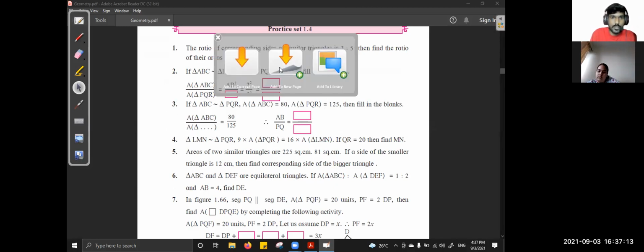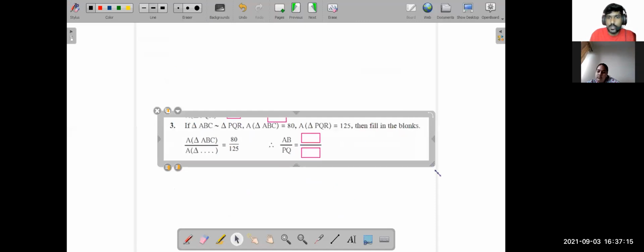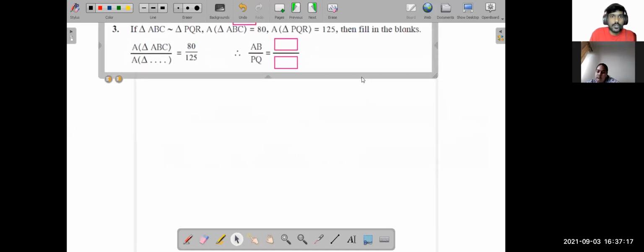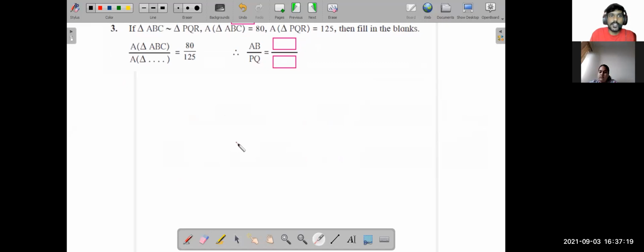Third one. This is given: area of triangle ABC upon area of triangle PQR. What will come here? PQR. Yes. So area of triangle ABC is given 80 and PQR is given 125.